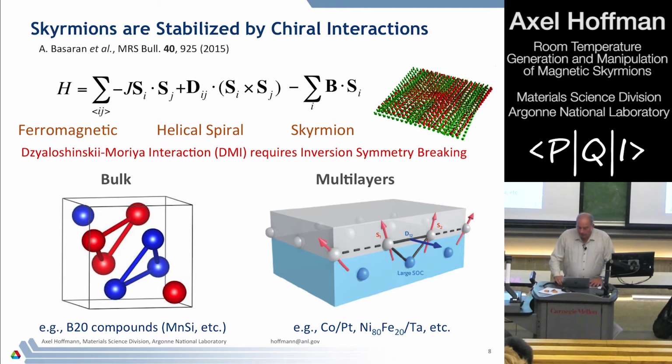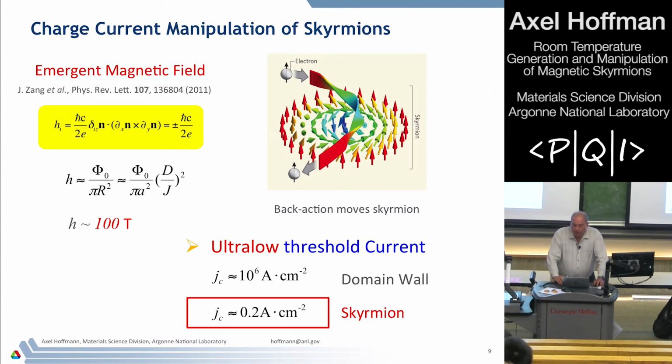Now, why are people so excited about magnetic Skyrmions? One of the reasons is that this distinct topology has real physical implications. One of them is that it gives rise to a so-called emergent field, which is directly proportional to this topological charge.